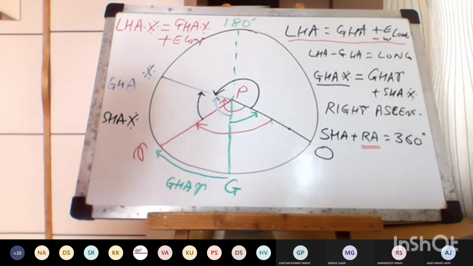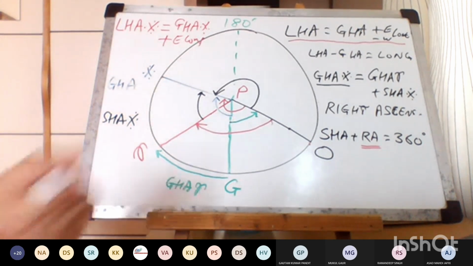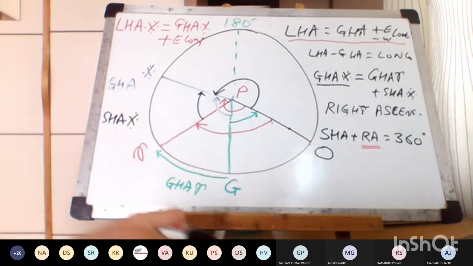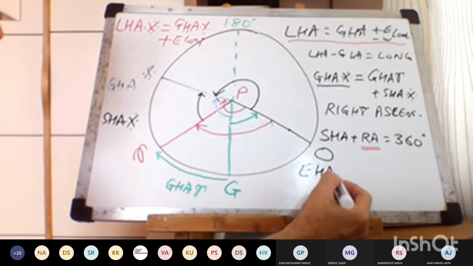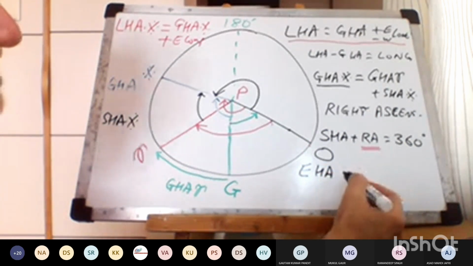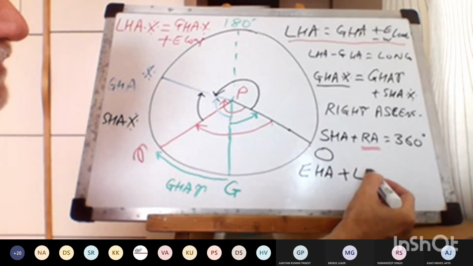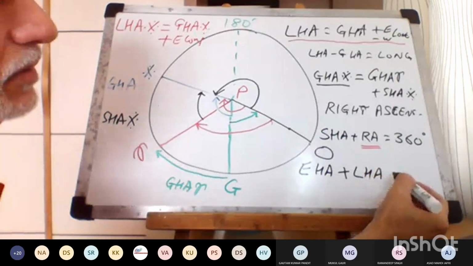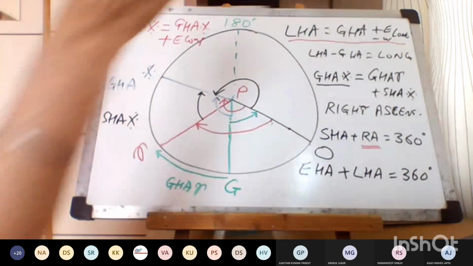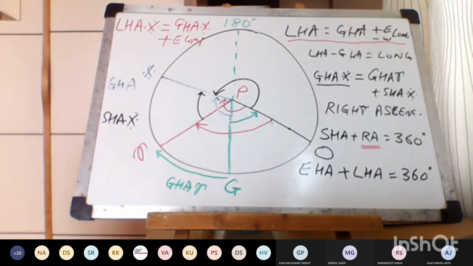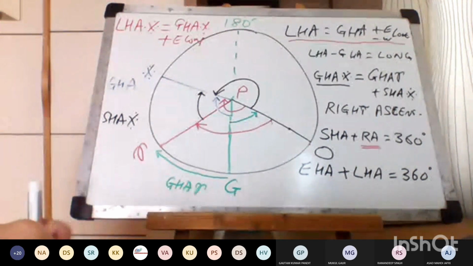It is not important, but I'm just telling you in case sometimes in the question they confuse you. So remember, gentlemen, EHA plus LHA also is equal to 360 degrees. So this is understood by everyone?